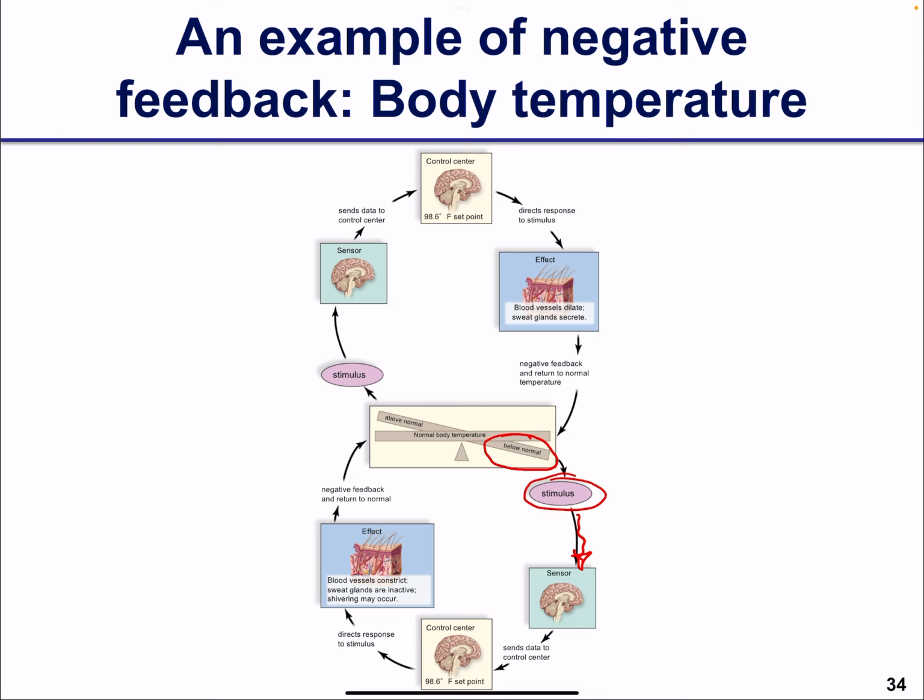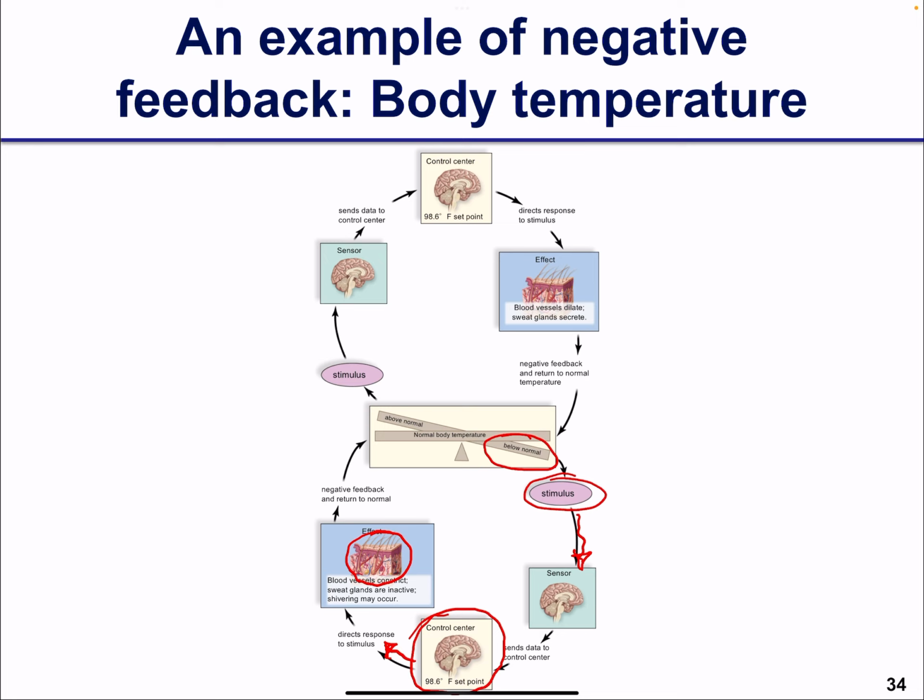In the brain, that information is going to be treated, and a decision is going to be made that, ooh, it is cold, we need to do something. So the information is going to be sent to the effector organ. In this case, we have the skin, right?